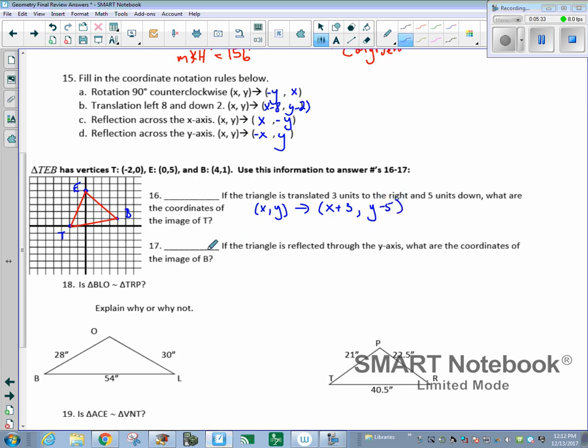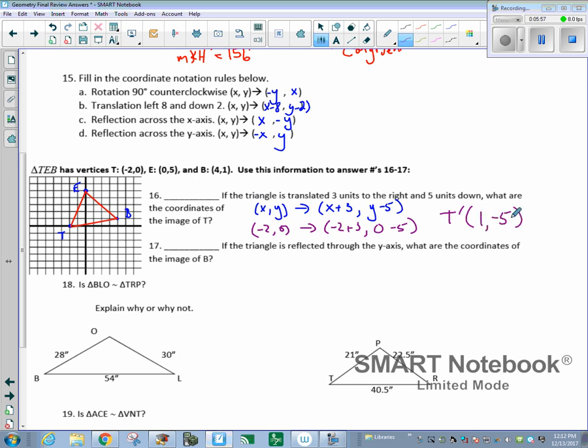They're asking about point T. I could just do that and count. The other option is that point T is (-2, 0). If I substitute those in, -2 plus 3 would be my new x value, and 0 minus 5. So T prime, the translated T, combining these together, is (1, -5).